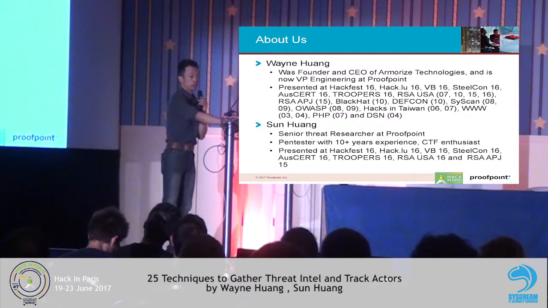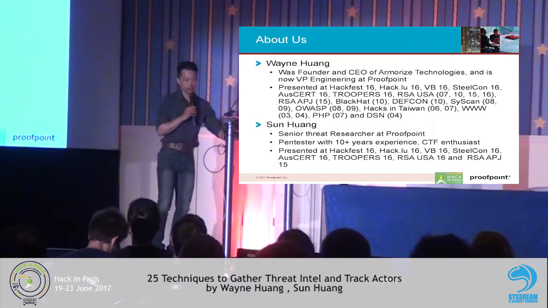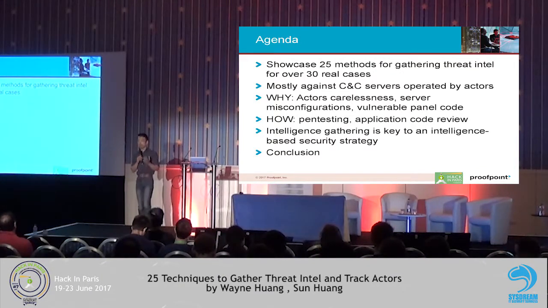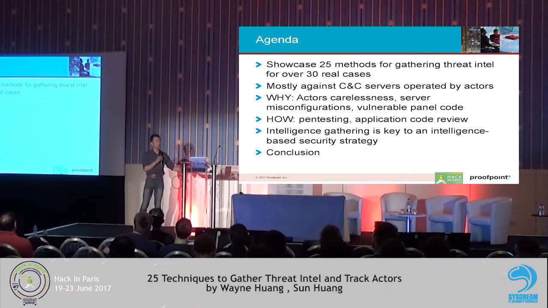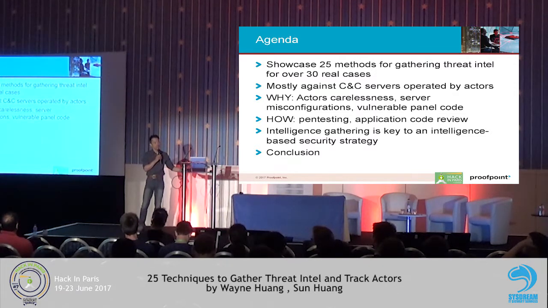So today we're going to show you 25 very useful methods for gathering threat intel, and we'll show you how we use those techniques against 30 real cases. We mostly use these techniques against command and control servers operated by actors, mostly because actors are careless.